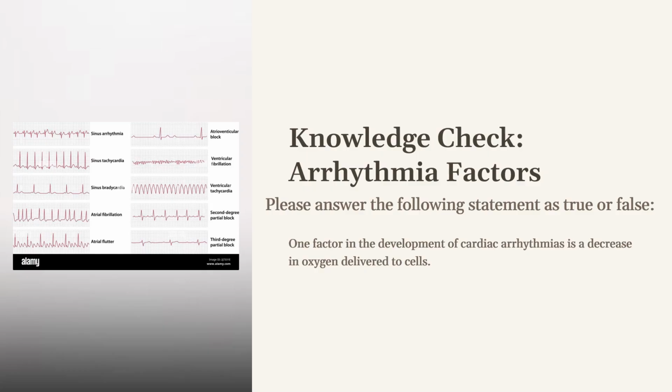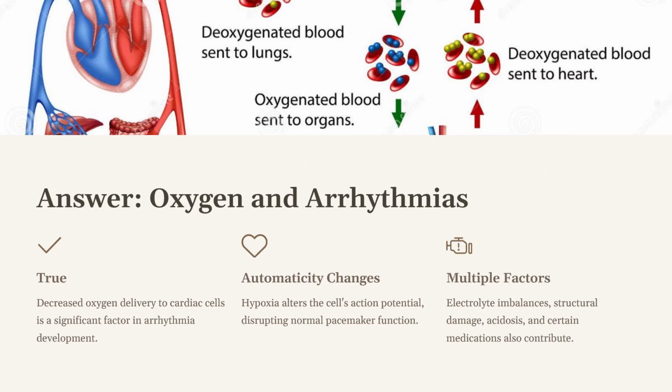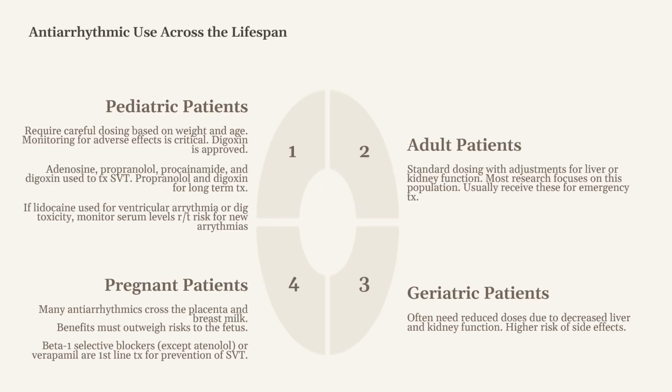Okay. So one factor in the development of cardiac arrhythmias is a decrease in oxygen delivered to cells or perfusion. That is true, correct. Very good. All right. The chart for the alterations across the lifespan is on page 796.